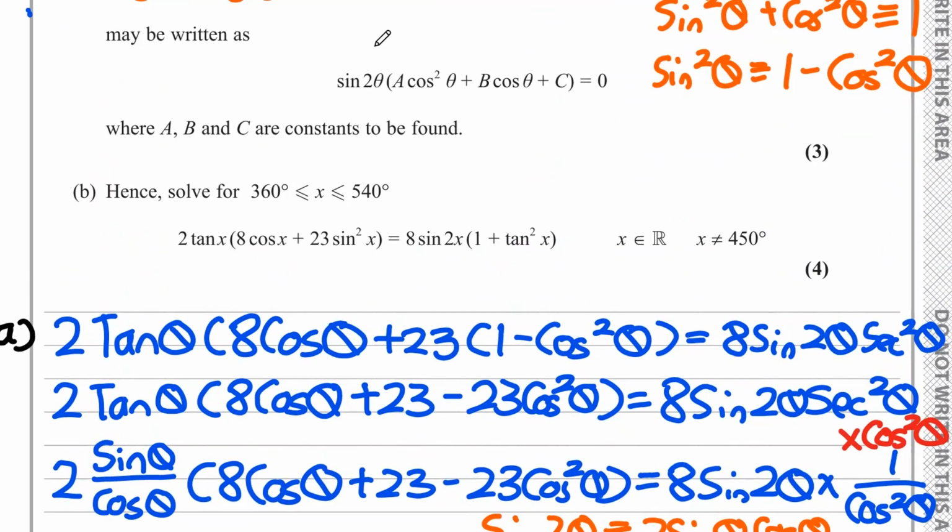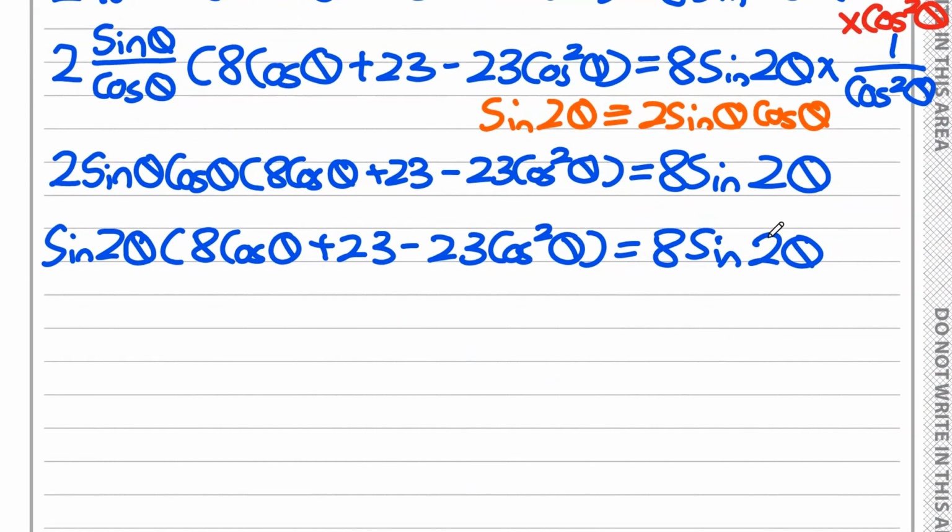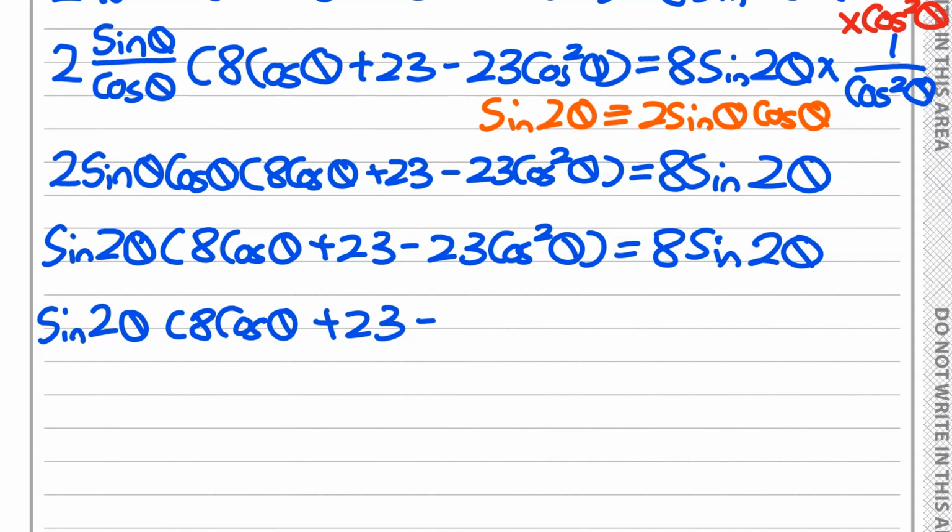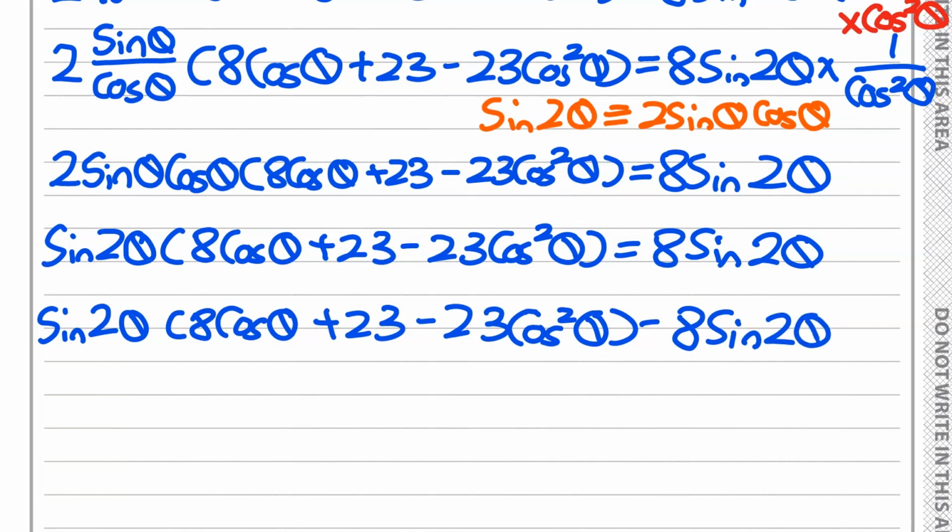Now if you look at this equation, we want all of the terms on this side, we want the other side equal to 0. So if we bring this 8 sin 2 theta onto this side of the equation, it becomes sin 2 theta, 8 cos theta plus 23 minus 23 cos squared theta, minus 8 sin 2 theta, and this is equal to 0.